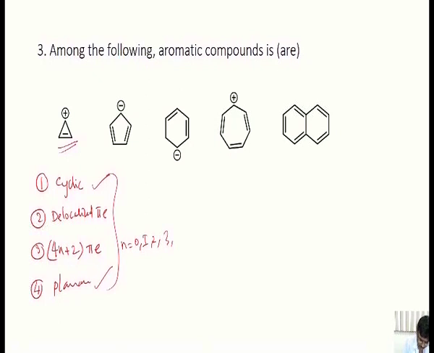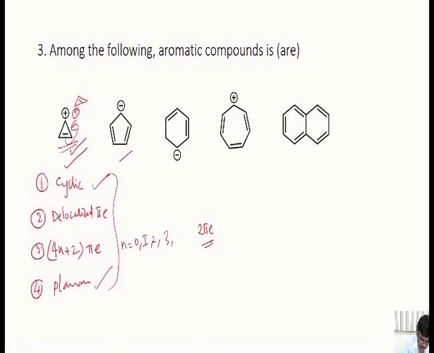It has 2 pi electrons. It has delocalized pi electrons. So this is aromatic. Cyclopropenyl carbocation is the smallest aromatic compound.